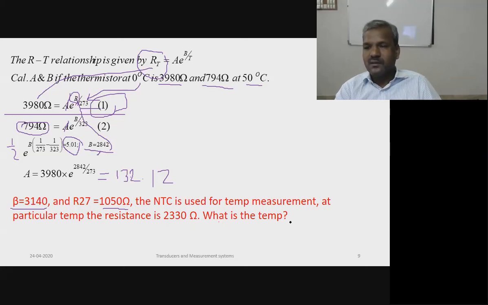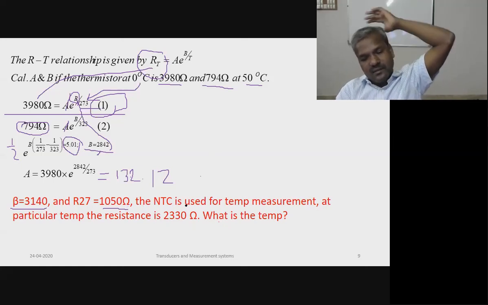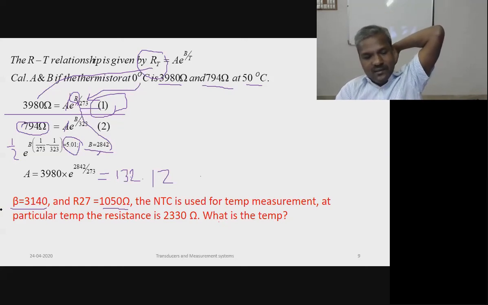Please calculate yourself, sincerely. Thank you for doing the assignment. Beta value is given, R27 is given.